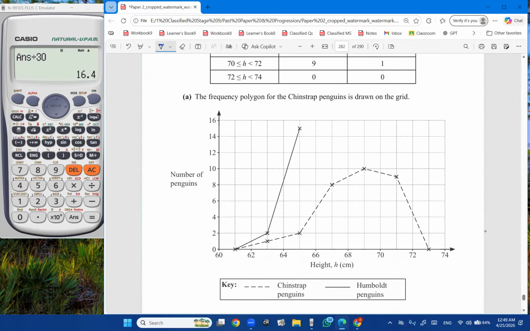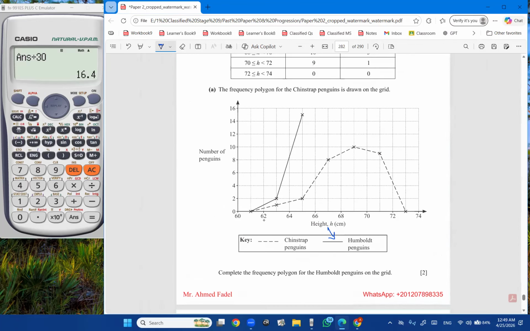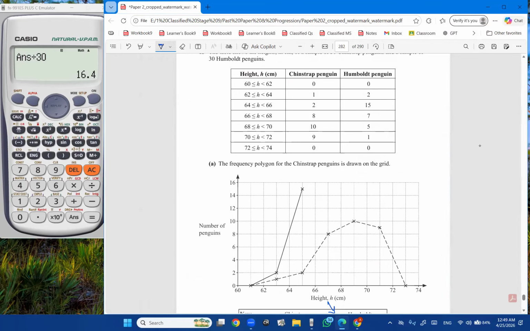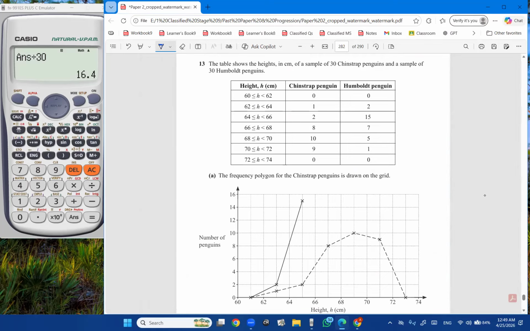So we know that this is the Humboldt, which is the straight line, not the dotted line. So we need to continue this. They stopped here. This is done, done, done.